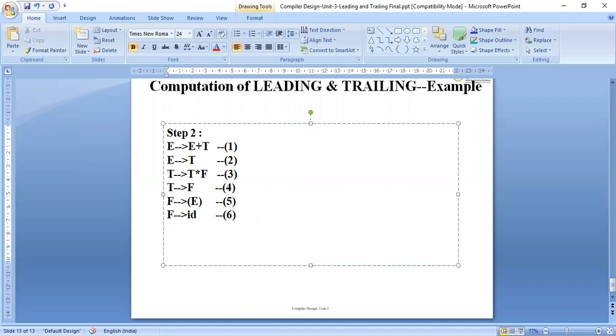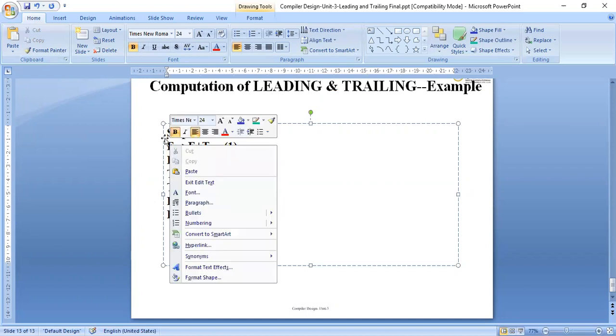In that case we can go with F, because F contains ID, a terminal symbol alone. E has two productions, E plus T or T. Comparing these two, F has more significant productions. So take up F.